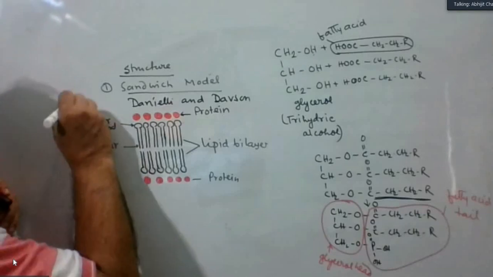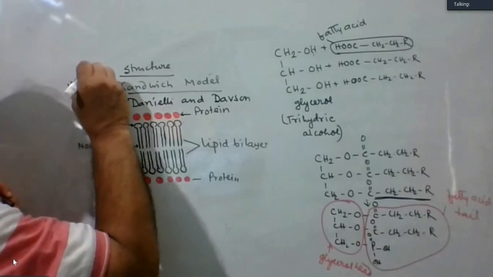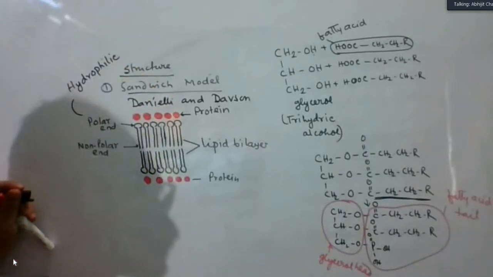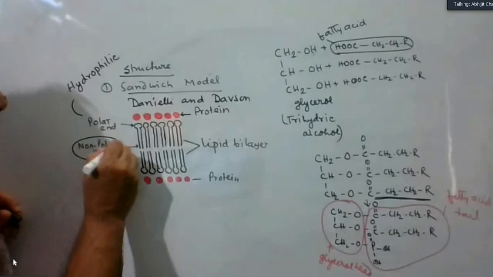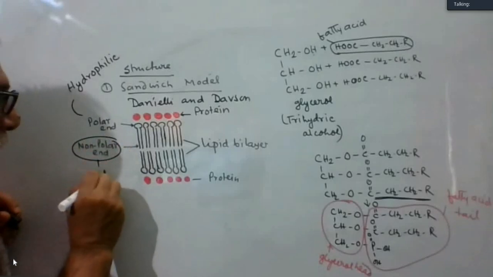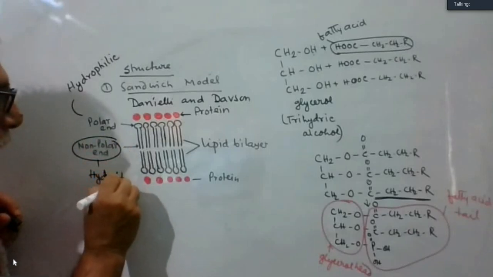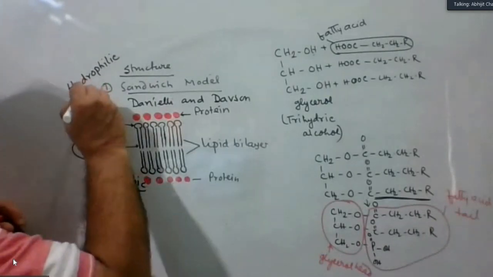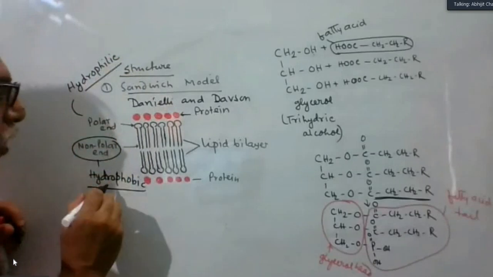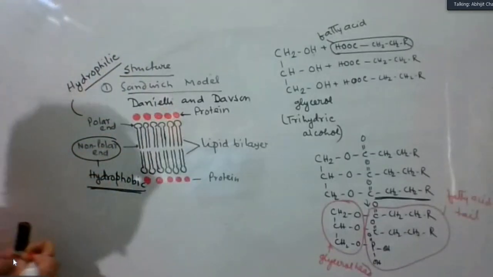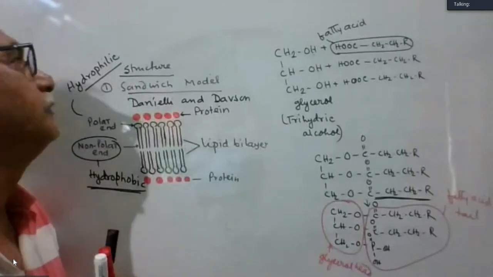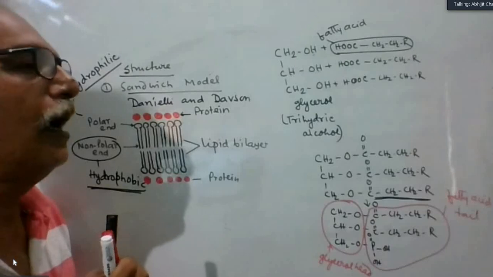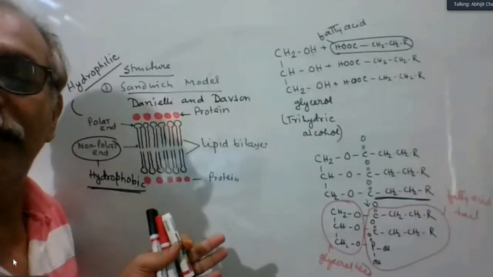This polar end is hydrophilic, but the non-polar end is hydrophobic. It is water loving, it is water hating. So polar end hydrophilic, non-polar end hydrophobic. Clear?